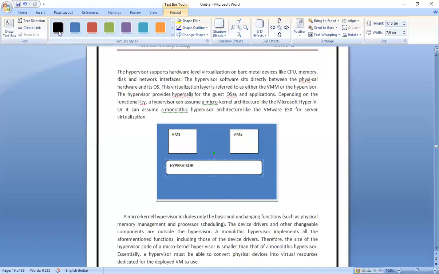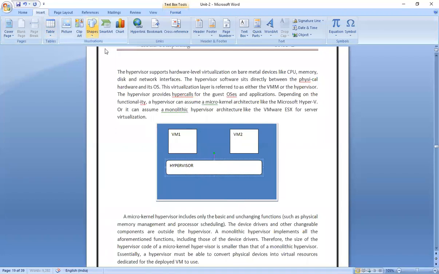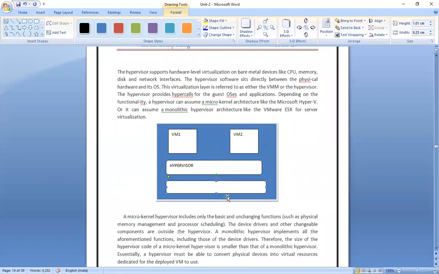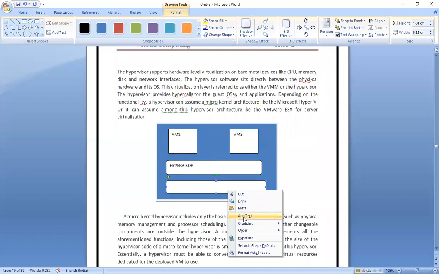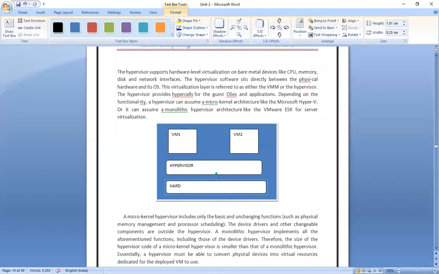And if we talk about type 1 hypervisor, then the hypervisor is directly installed on the hardware. So with the help of this architecture, we can easily understand what a type 1 hypervisor is. Means the hypervisor is directly installed on the hardware, and when we install directly on the hardware, we get various virtual machines, like VM1, VM2.